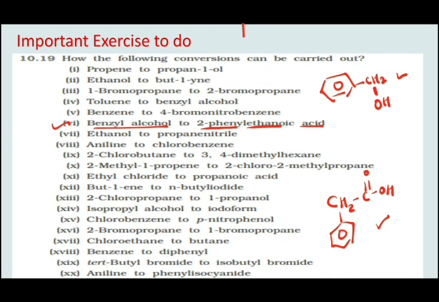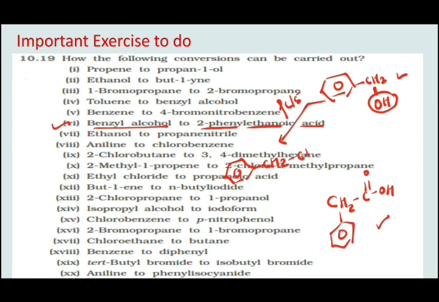Recall those reactions. We can take SOCl2 or PCl3 or PCl5 or HX in acidic medium, etc. So let's say we take PCl5 here. What happens? This OH will be replaced by Cl. Okay, so we will get CH2Cl.